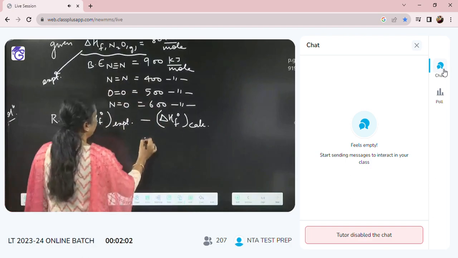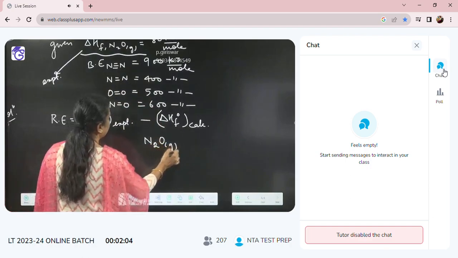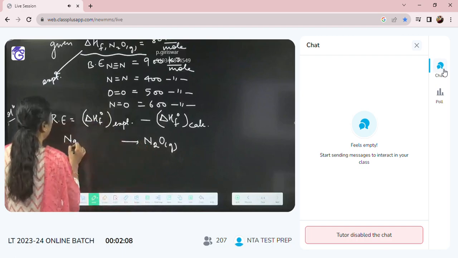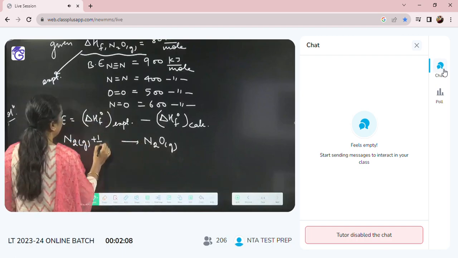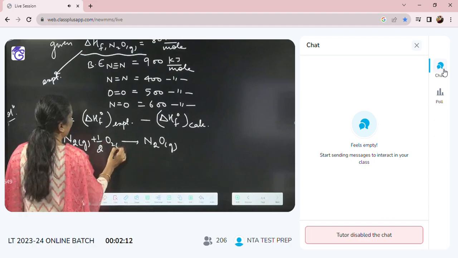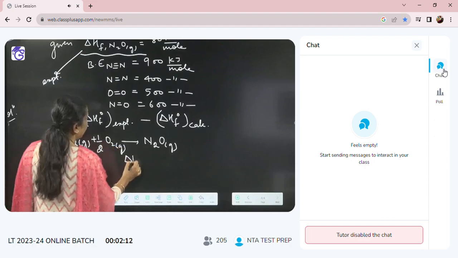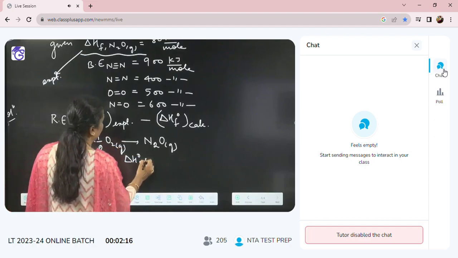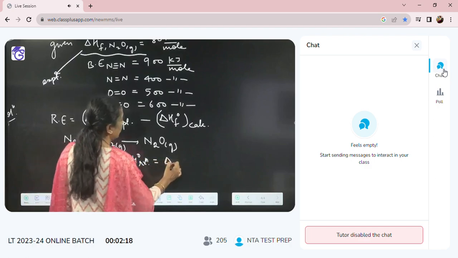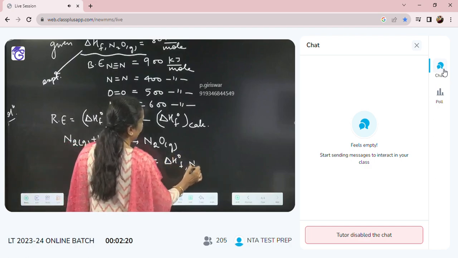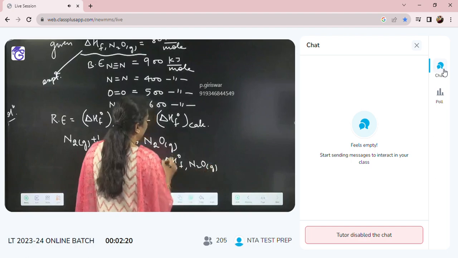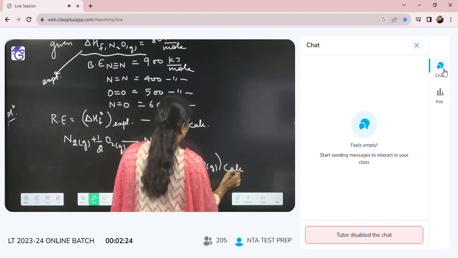Calculated means I write 1 mole of N2O gas is getting formed from its constituent elements in the standard state, N2 plus half of O2 gas. So delta H naught for this reaction you have to find out, and this reaction represents the standard enthalpy of formation of N2O gas, and this one is the calculated value.